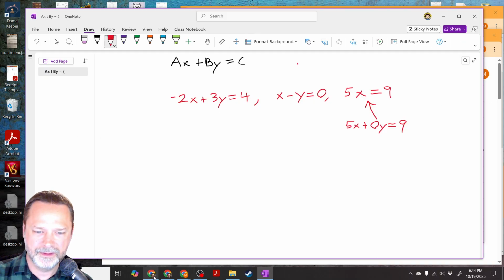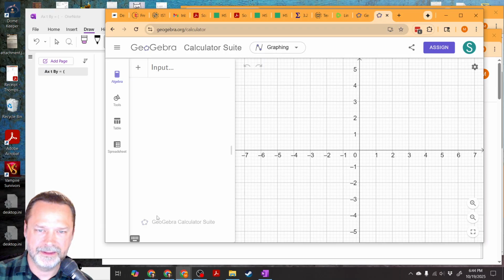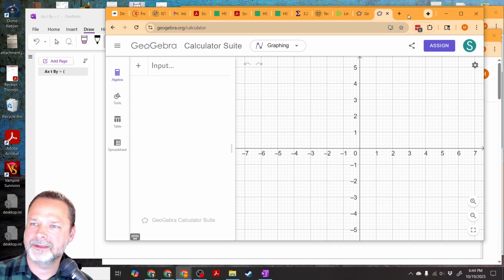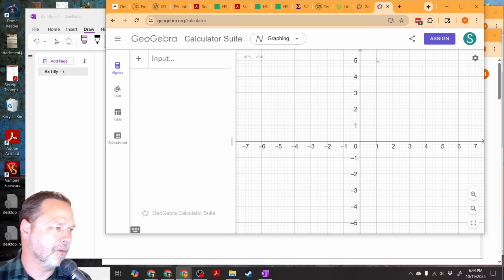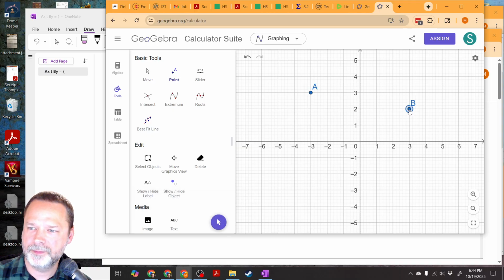So if I want to, we got this line. We could make 2 points, and any 2 points define a line.